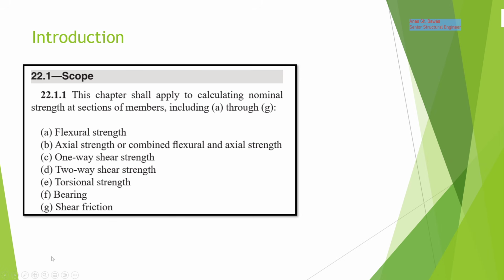Also axial strength, or combined flexural and axial strength. This is important to determine the sectional strength for columns. Also, we can calculate one-way shear strength, two-way shear strength, torsional strength, bearing strength, and shear friction calculations, especially at construction joints or for the frame design.